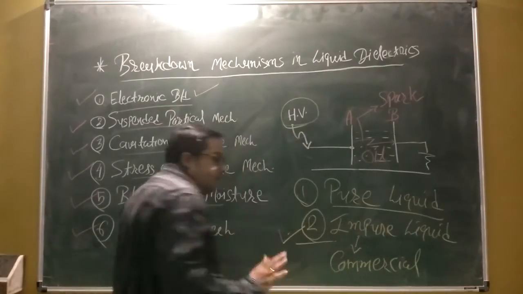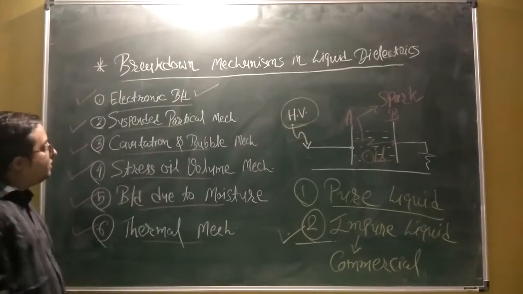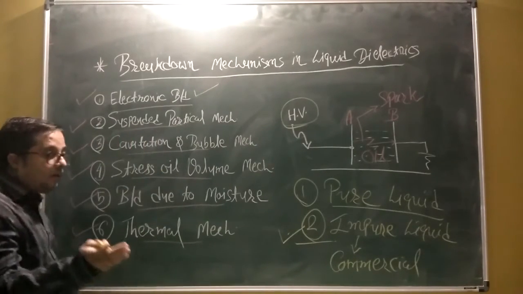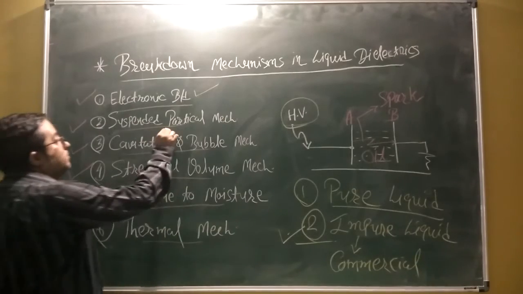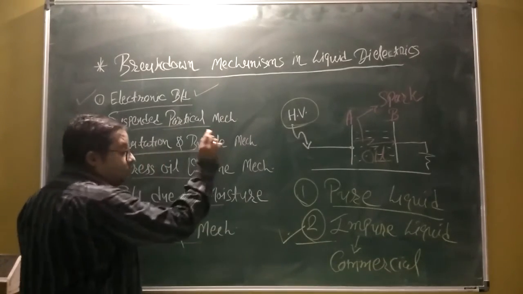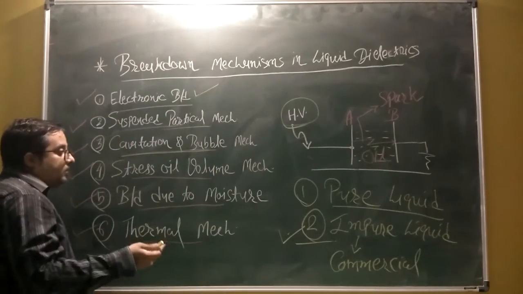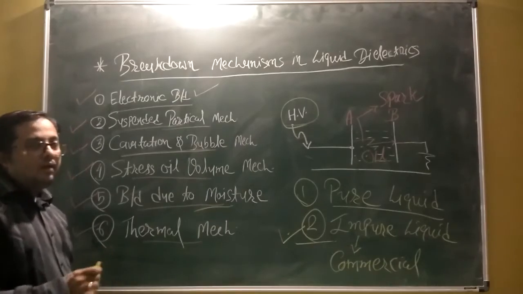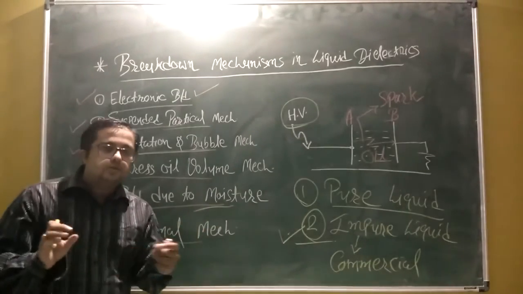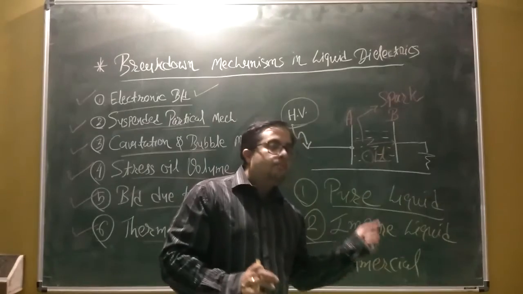An impure liquid contains some sort of impurities in it. That impurity may be in the form of solid particles, gaseous inclusions or bubbles, or moisture content. Any of these impurities can be associated with impure liquids.